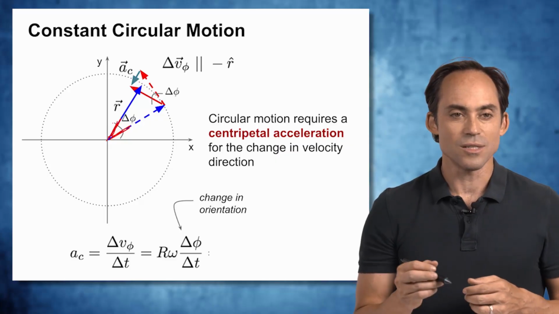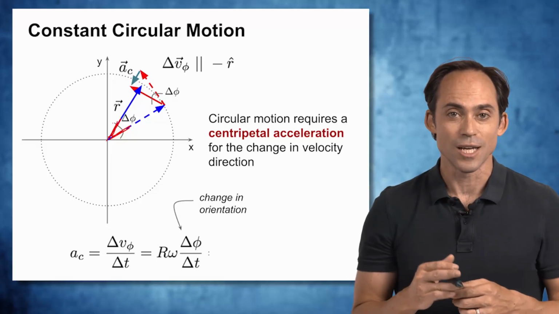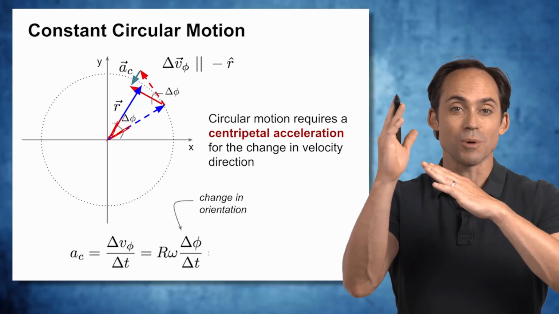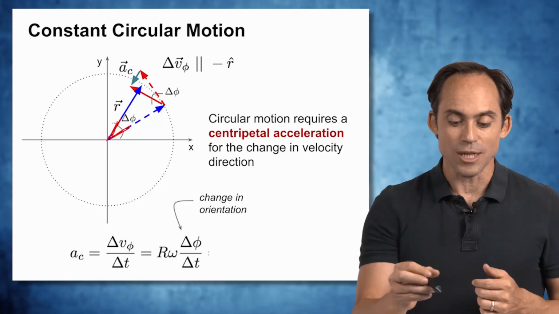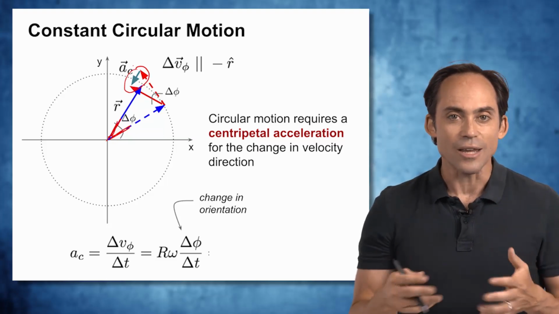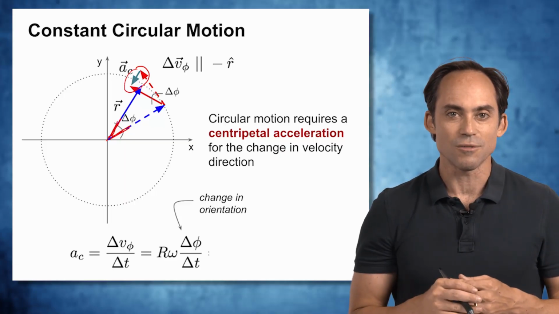And because the velocity vector is always perpendicular to the radial vector, as the radial vector changes by that angle, the velocity vector changes by exactly the same angle. And if we just do a little bit of trigonometry, you can see that AC is essentially an arc length. It's very close to an arc length compared to these two velocity vectors.